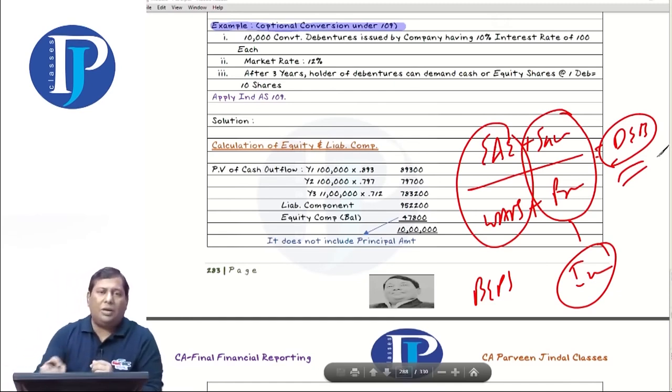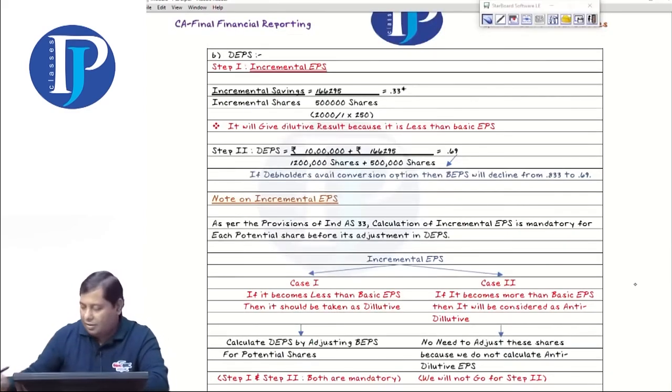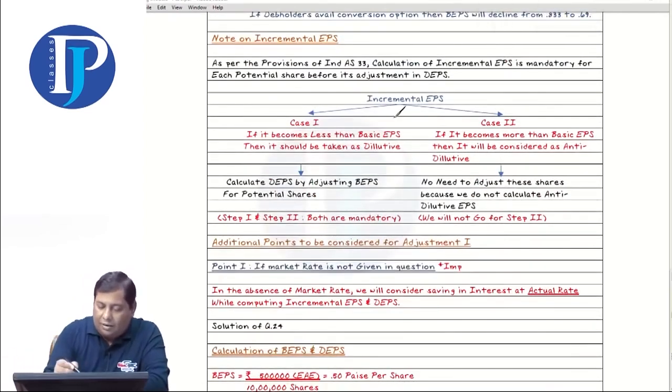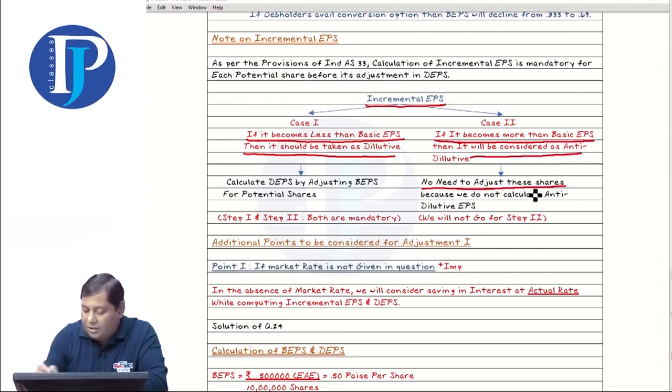So I had explained this all. Incremental is mandatory. What did we do first? We worked on incremental EPS. If it becomes less than basic, then it should be considered as dilutive. If it becomes more than basic, then consider as anti-dilutive. No need to adjust these shares because we don't calculate anti-dilutive EPS.